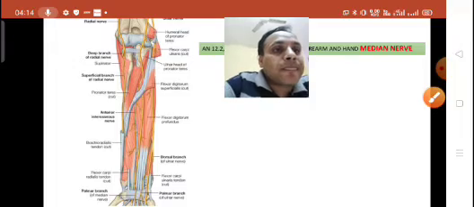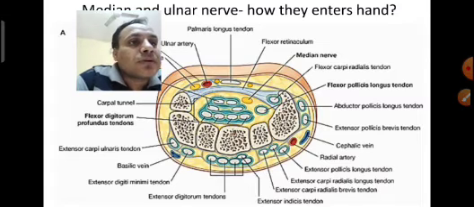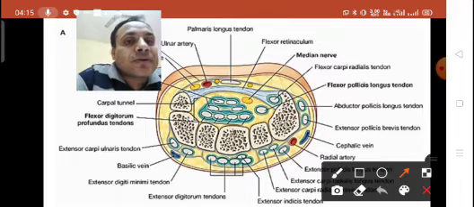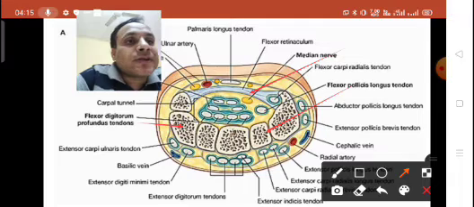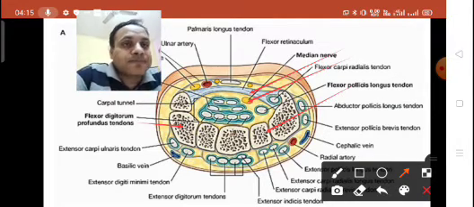Okay. You can see in this diagram, this is the section at the level of the wrist joint. You can see the flexor retinaculum and the carpal bones. This one is the median nerve. The median nerve lies deep to the flexor retinaculum.